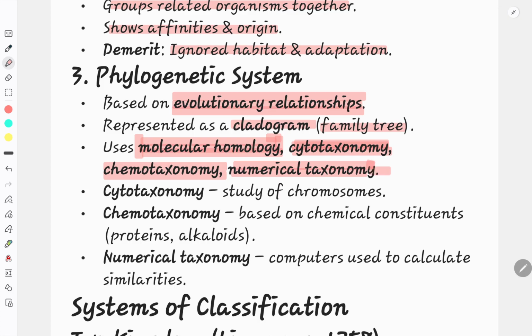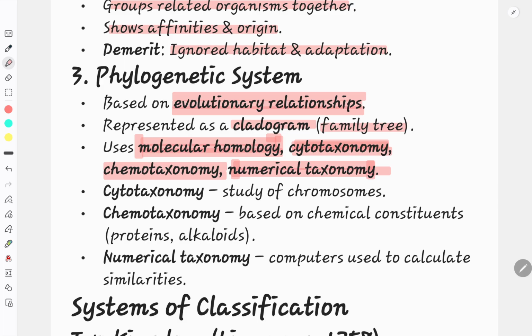In numerical taxonomy, certain characters of an organism were given a number. If the same character was present in another organism, the numbers would be matched together.